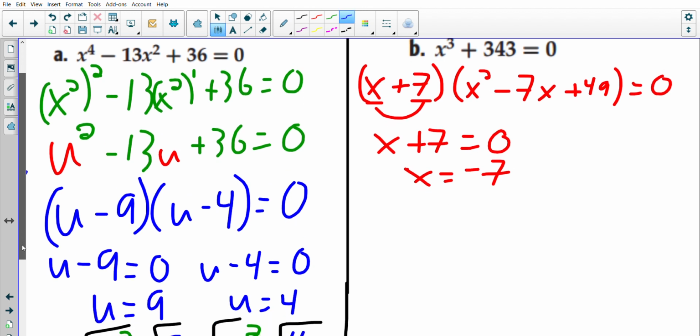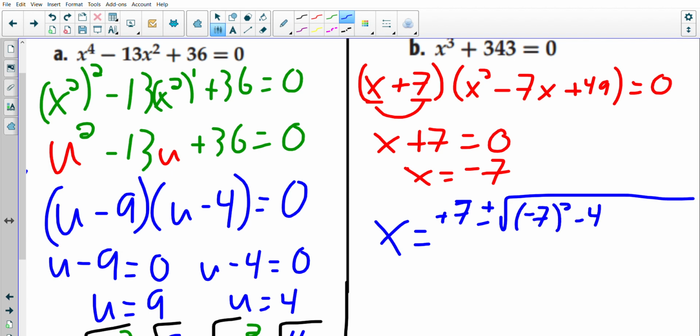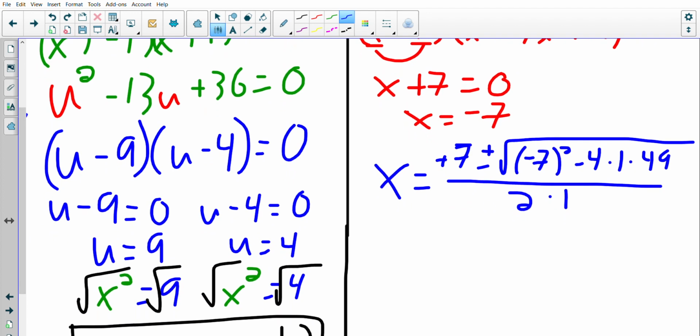Okay, so x is equal to negative b, so negative negative 7, so it's positive 7 plus minus the square root of negative 7 squared minus 4 times 1 times 49, all over 2 times 1. Okay, so here we go.